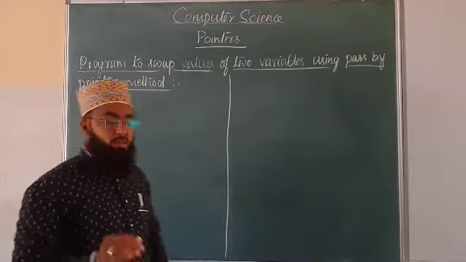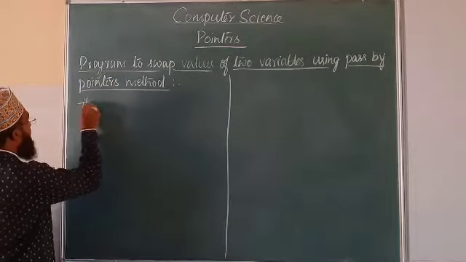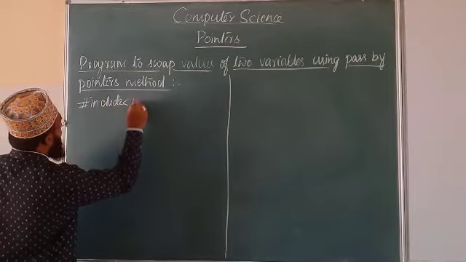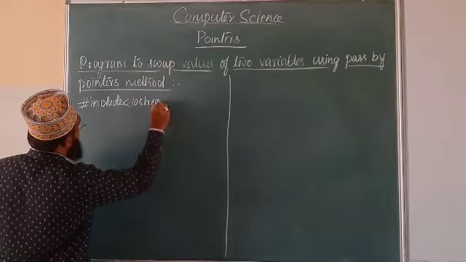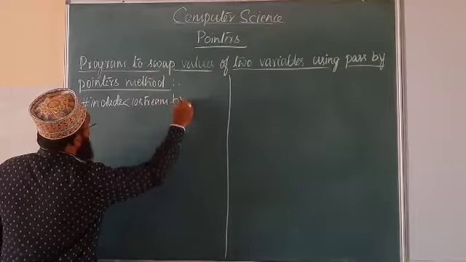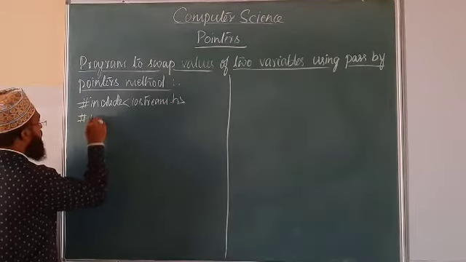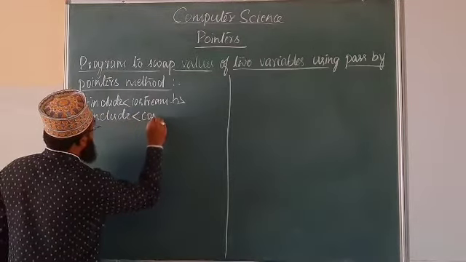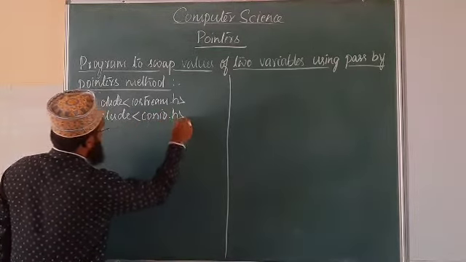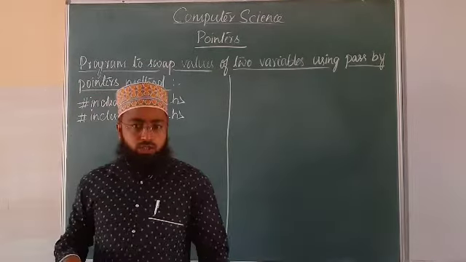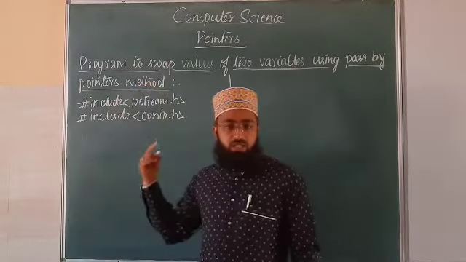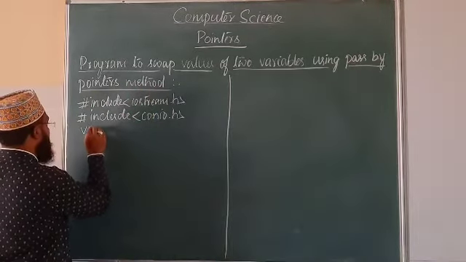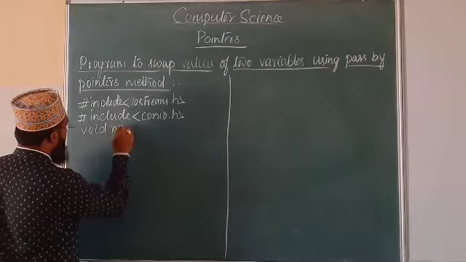Take it as hash include iostream.h, then hash include conio.h. First is iostream.h, then the next header file is conio.h. After that, start the main function, void main.